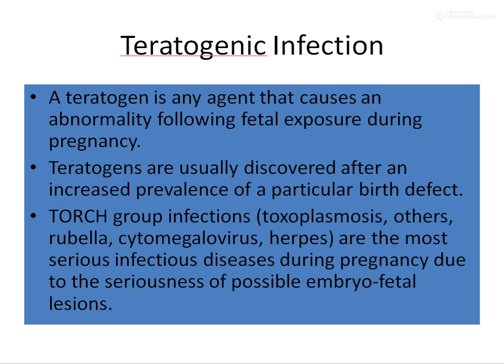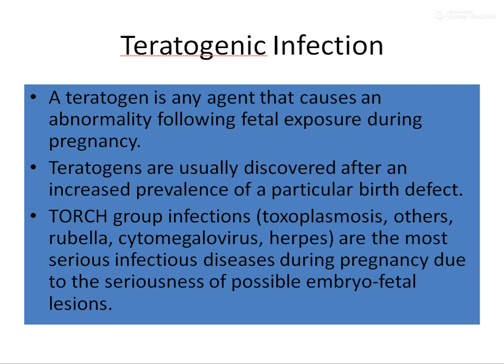Now, what is a teratogenic infection? If some infections lead to embryo fetal lesions or embryo damage during its growth, then it is referred to as a teratogenic infection. As we know, infections are mainly caused by bacteria, viruses, fungi and so on.